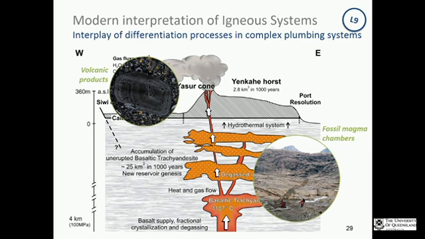So if these bands here are related to fractional crystallization, you would expect what sort of change in composition? Yes. If then you have some resorption, what sort of process would you interpret?